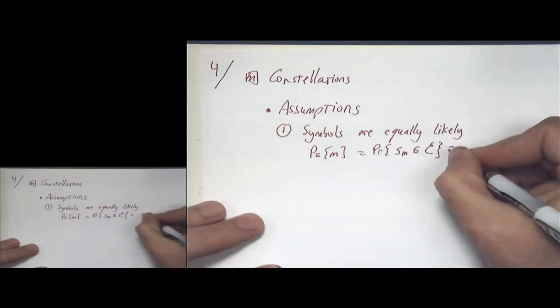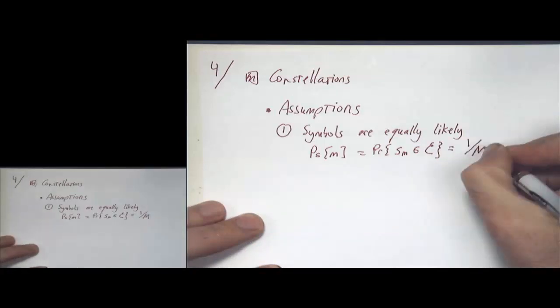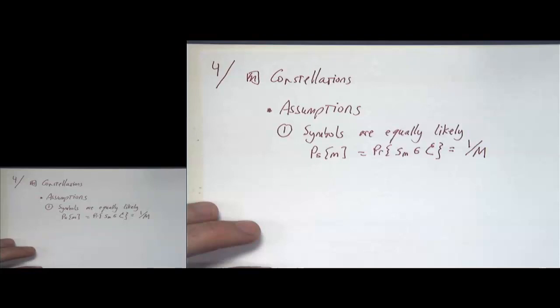We're assuming they're equally likely, and there's M points in the constellation. That means that probability is 1 over M here. So we need this for some calculations.